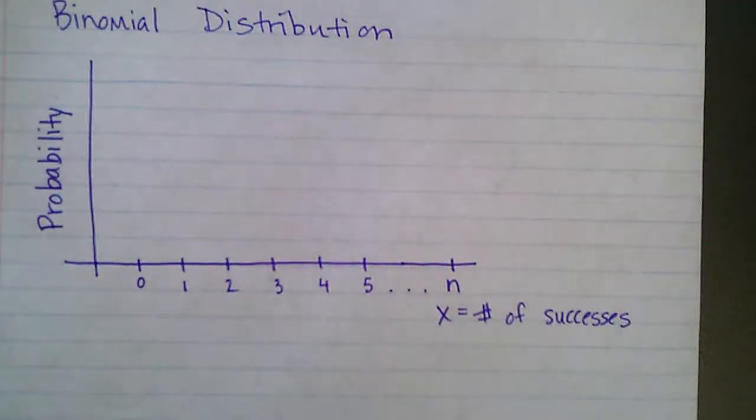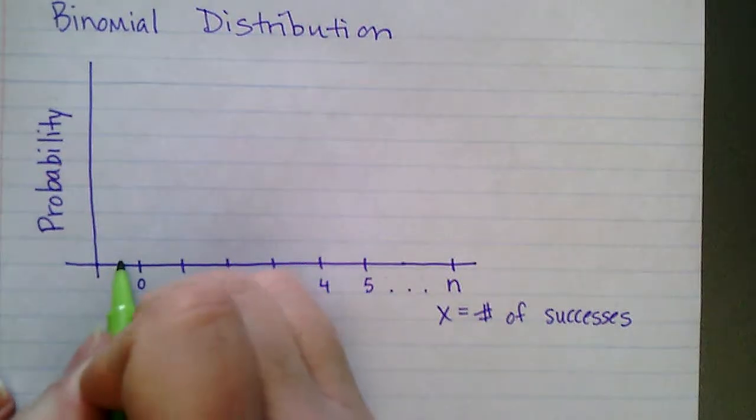So let's just say my binomial distribution looks like this.